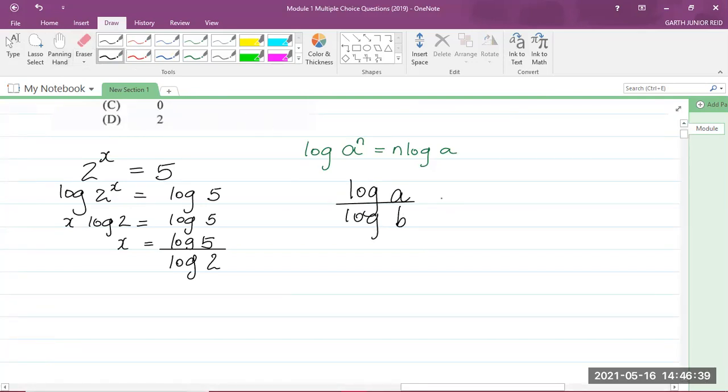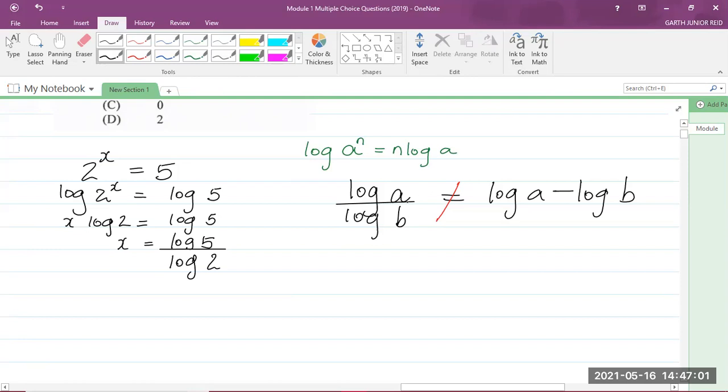That's what I have. Then this is not going to be equal to the logarithm of a minus the logarithm of b. All right? Students have a tendency to make that error in the CAPE examination. That is a false statement.